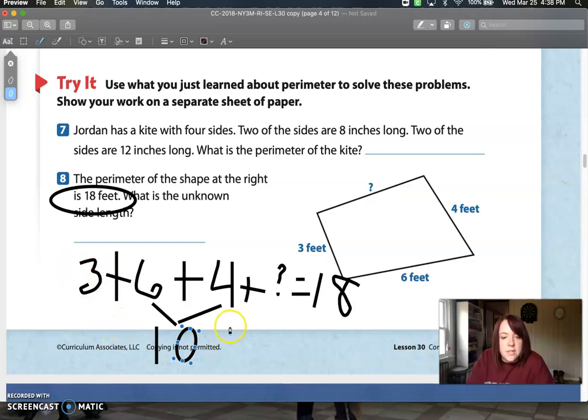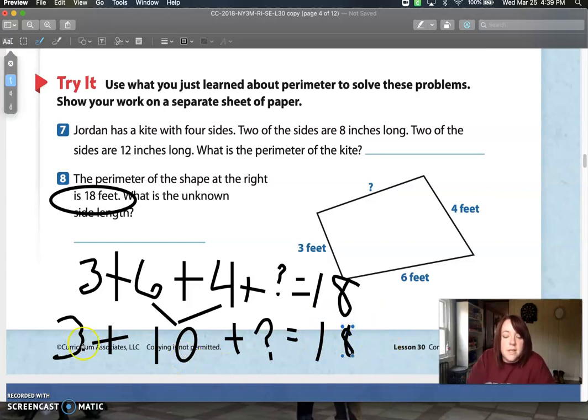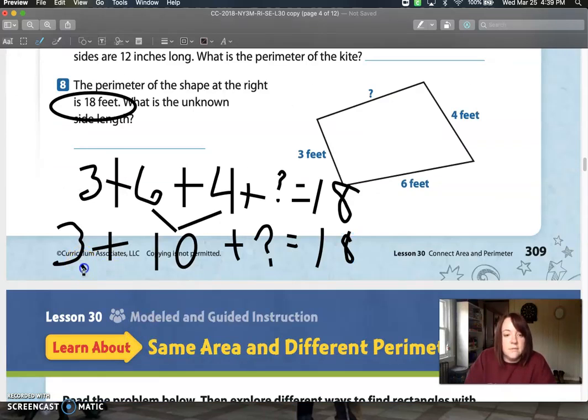Plus 3 is 13. So I'm going to put plus 3 plus question mark equals 18. Now, 10 plus 3 is 13 plus question mark. So we know that this is 13.